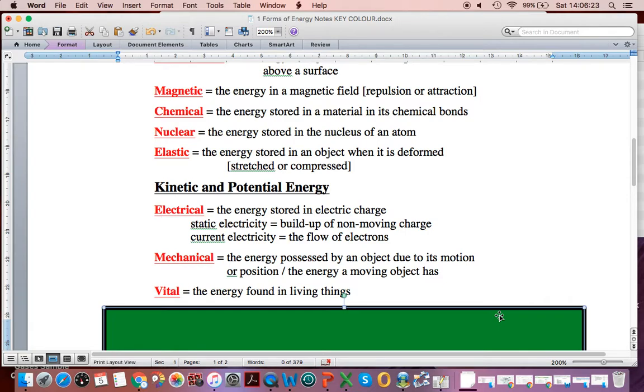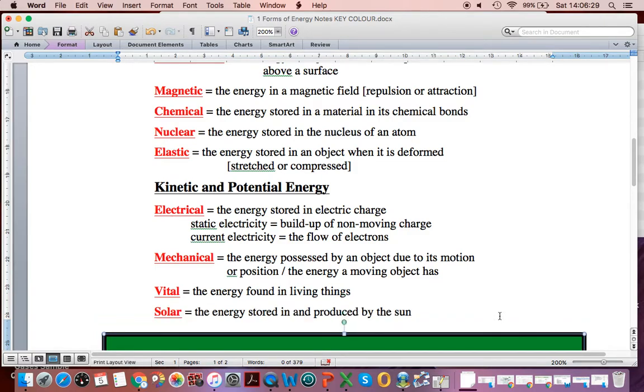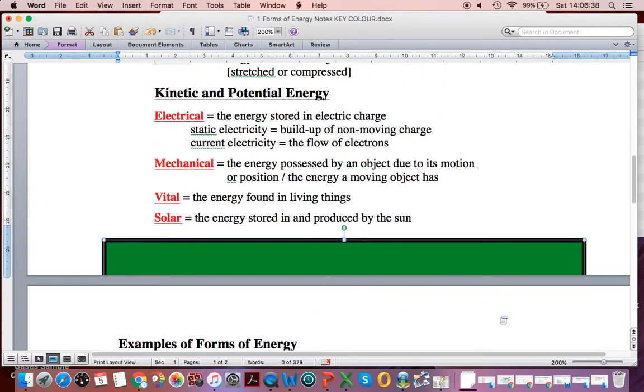So that living thing could be a cedar tree, it could be you, it could be your pet hamster, as long as the hamster's alive. And solar energy is the energy stored in and produced by the sun. So we think about things like heat, light, although it does make different forms of radiation.